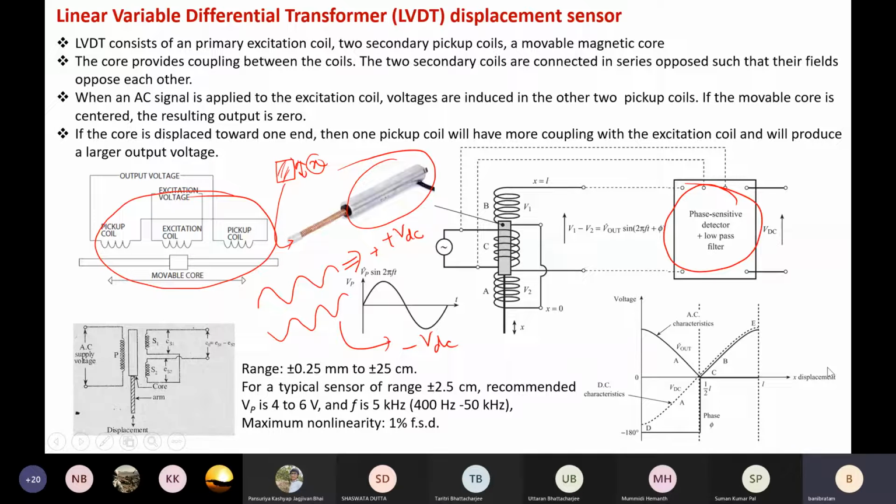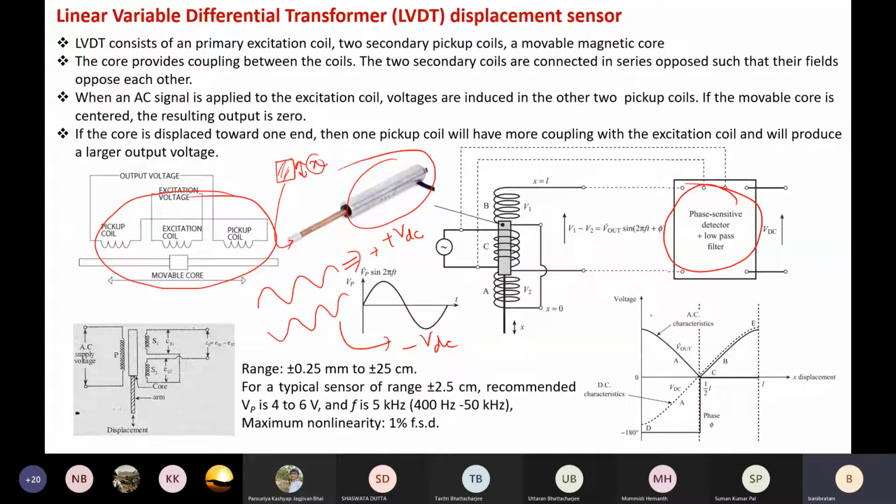And this is the characteristic. Your x-axis is the displacement, y-axis is the voltage, right? The AC characteristic means if you look at the waveform in AC, you can see only this magnitude, the absolute value. But the DC characteristic means positive displacement gives positive output and negative displacement gives negative output.